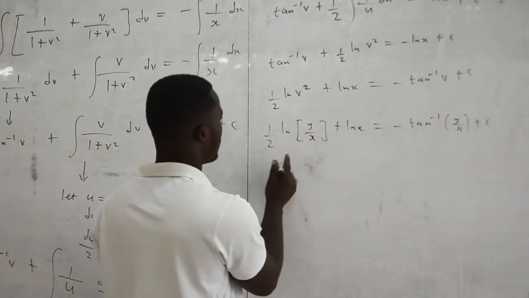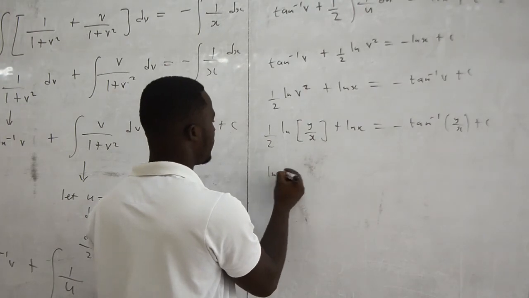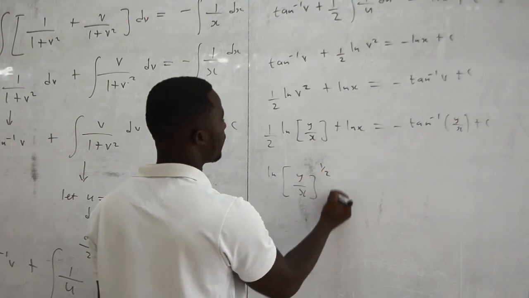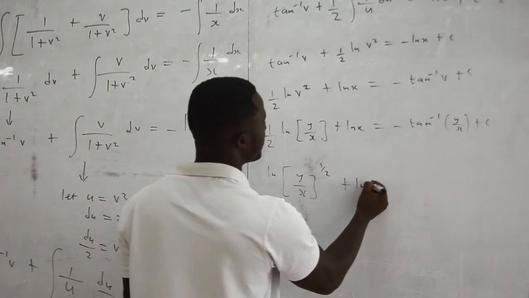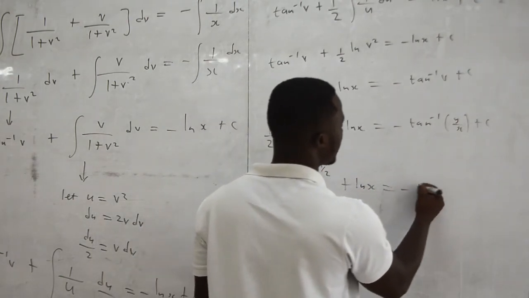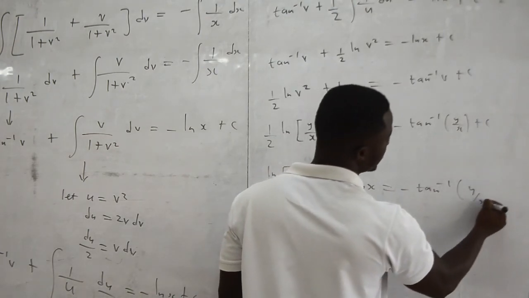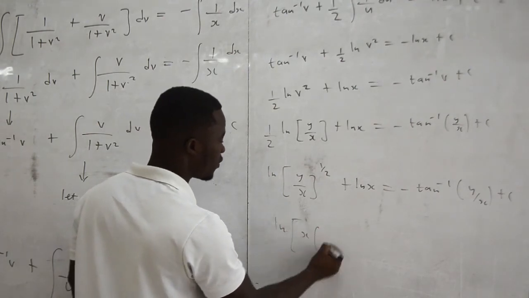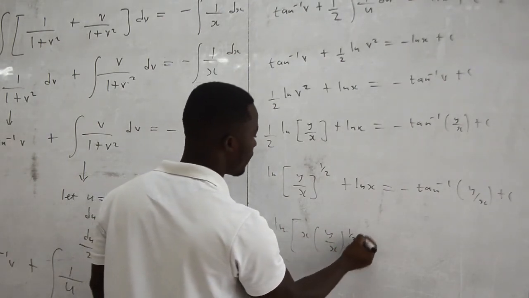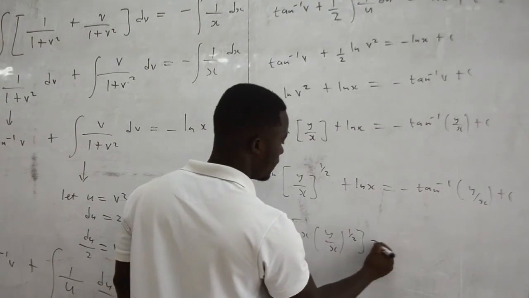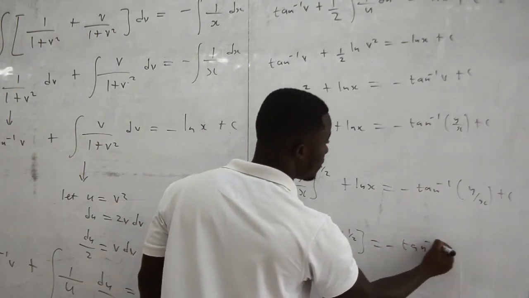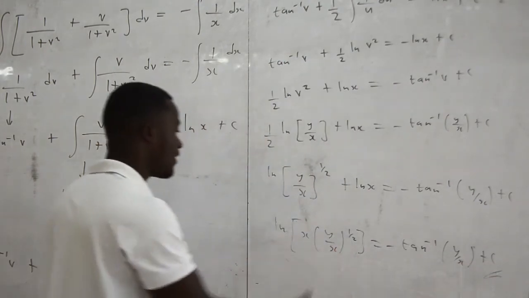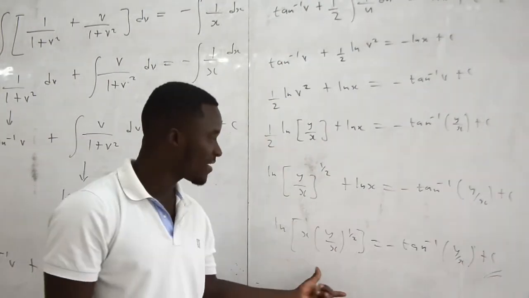So this one is the same as ln (y over x) taken to the power of half, plus ln x, is equal to negative tan inverse of (y over x) plus c. This one is the same as x multiplied by (y over x) to the power of half is equal to negative tan inverse of (y over x) plus c. We just end here. We conclude here. We'll take this one as our final answer.